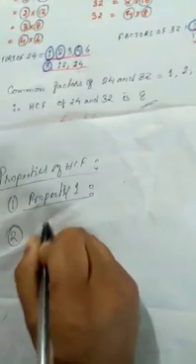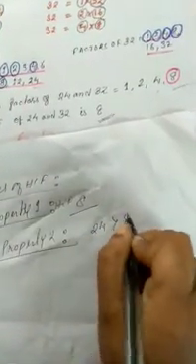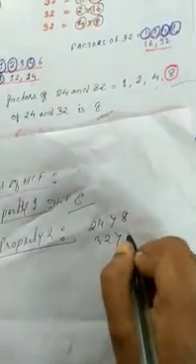In property 2, with these examples, 24 is a greater number than 8 and 32 is also greater than 8. That means it's verified. The HCF of the given composite numbers is always smaller than the given numbers. So 8 is smaller than 24, and 32 is also greater, 8 is smaller. That means the HCF is smaller. Okay, so property 2 is also verified.